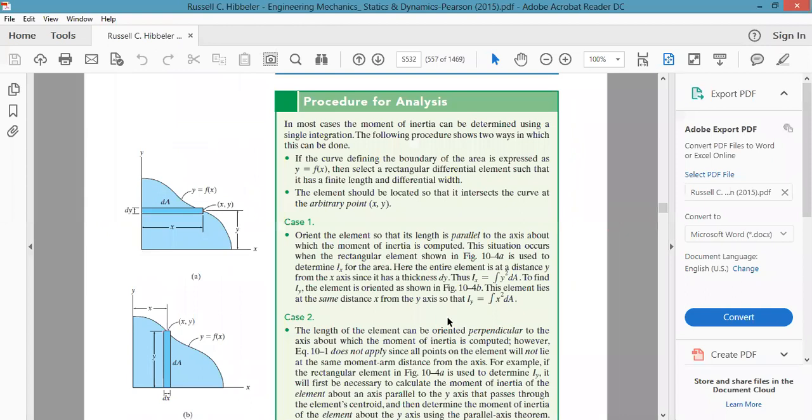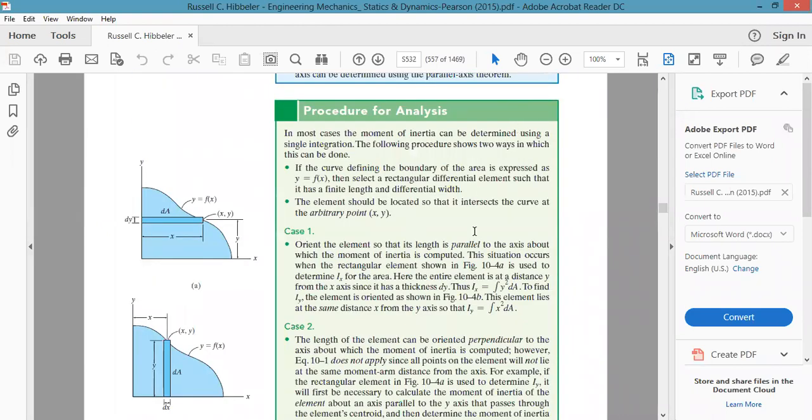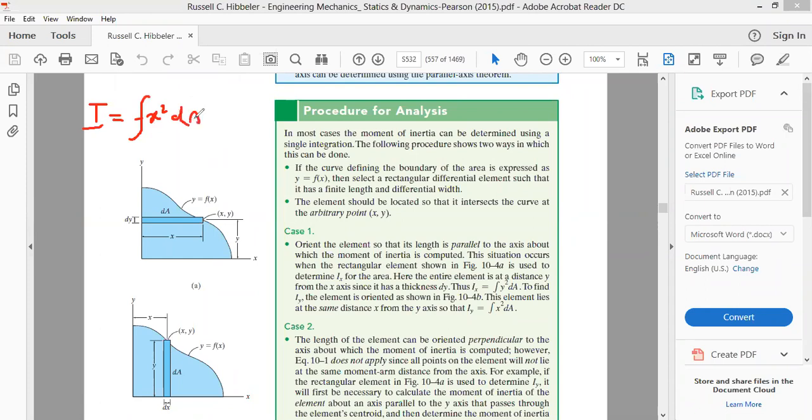As far as the total moment of inertia is concerned, we have been writing that it is equal to integral x square dA or integral y square dA. If the units of x are in meters, then the x square unit will be meter square, and we know the unit of area is also meter square.